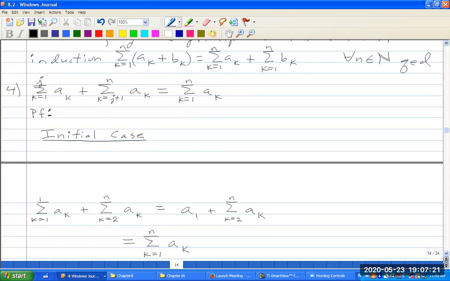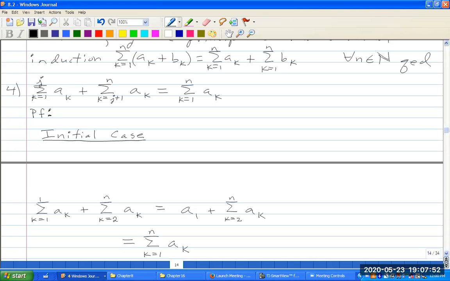The sum k equaling 1 to j of a sub k plus the sum k equaling j plus 1 to n of a sub k is equal to the sum k equaling 1 to n of a sub k. So the initial case, let's let j equal 1. So this is the sum k equaling 1 to 1 of a sub k plus the sum k equaling 2 to n of a sub k.